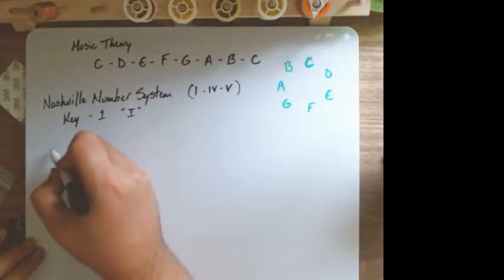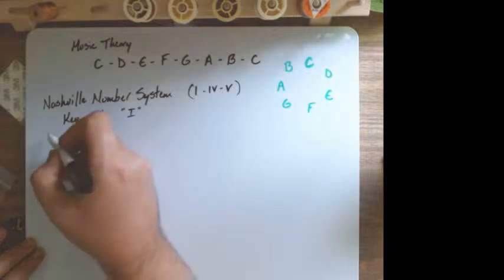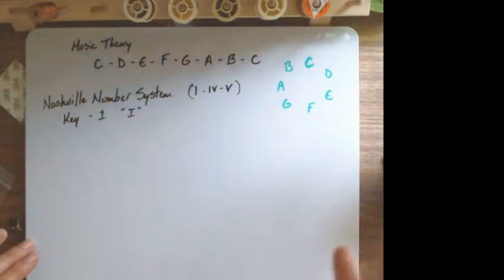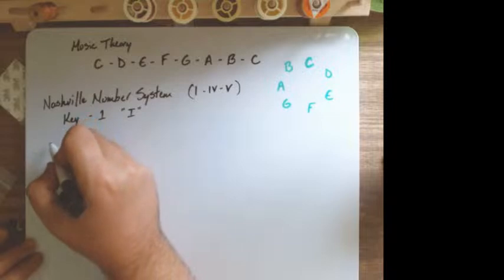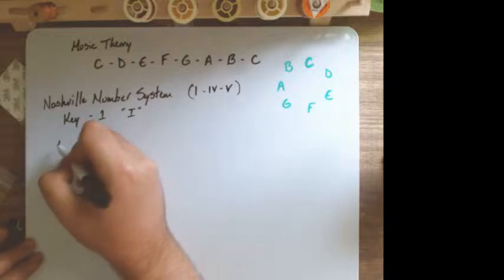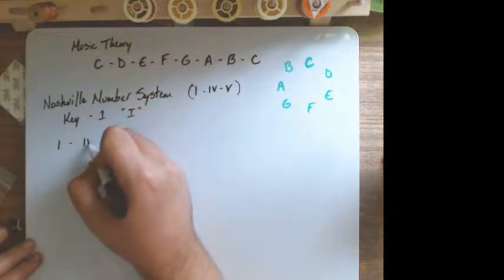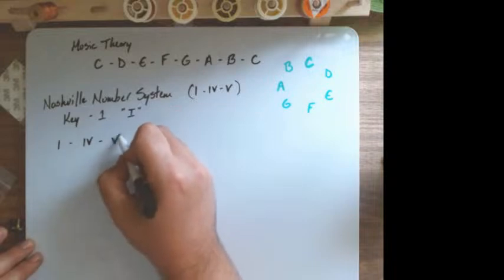So if I'm playing a tune in C, like let's say it's Heart On My Mind, anything with Ernest Tubb, you're going to have a 1, 4, 5 system.